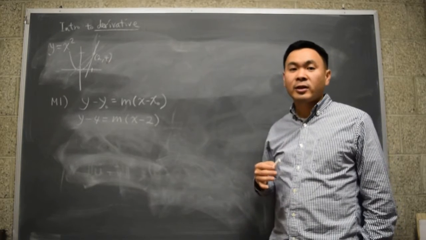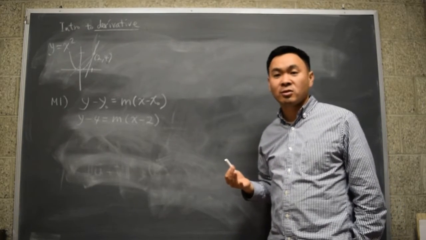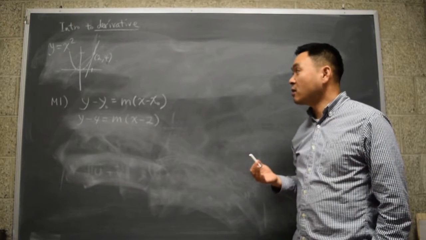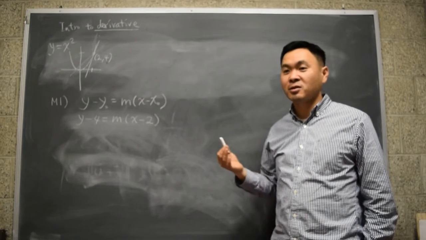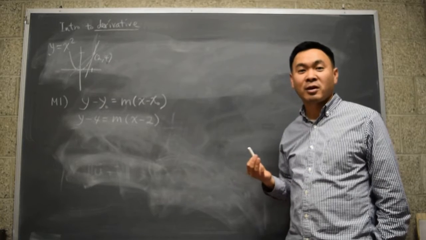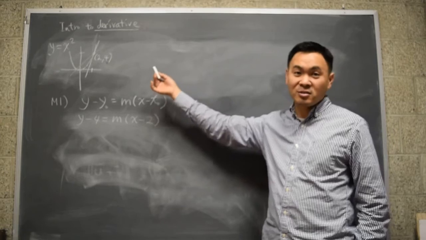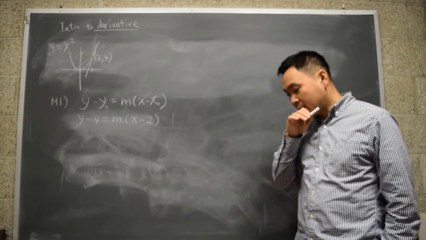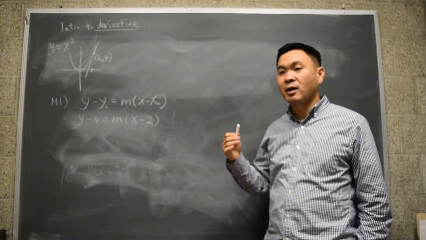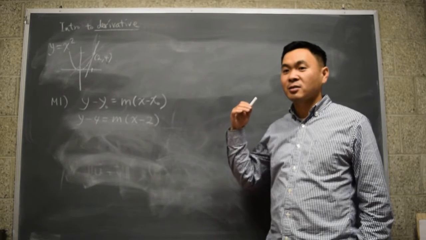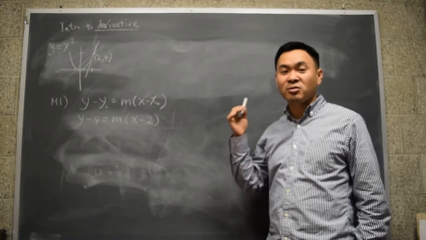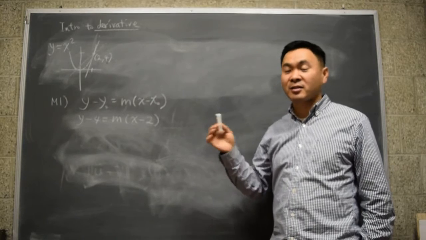Now, when I ask students what is the definition of a tangent line, a lot of the students say, oh, it's the line that meets with the graph only once. Well, that's only true in this case. In general, a tangent line is a line that's closest to the graph at that given point.